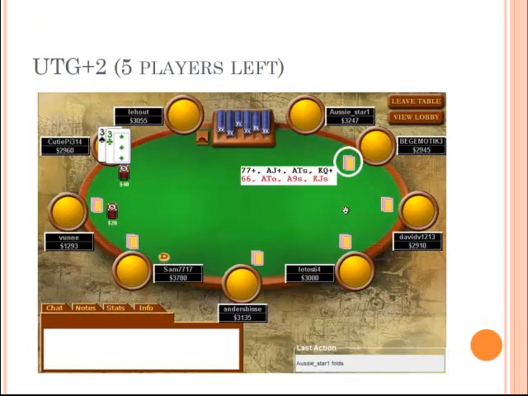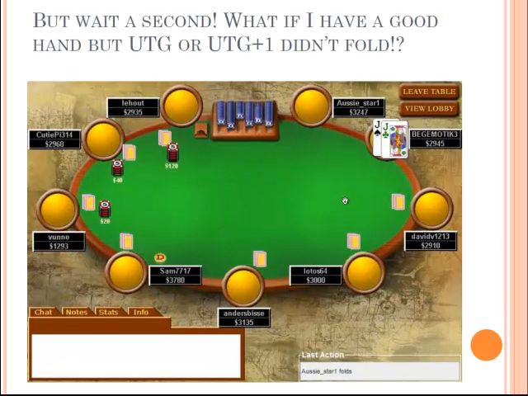But wait a second, what if I have a good hand, but under the gun didn't fold, right? Let's say I have pocket jacks in this situation, and under the gun didn't fold. What do I do? Obviously this is complicated. I can't cover all the cases now. But as a general rule of thumb, you should calculate your equity against them.